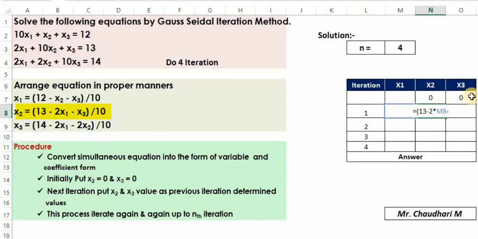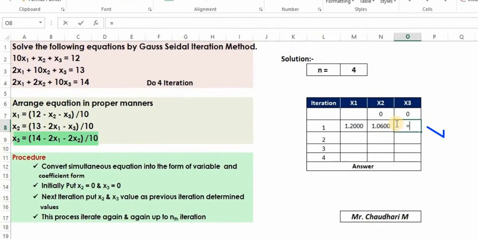Now minus x3, bracket complete, and divide by 10. And the last variable is equal to, in brackets, 14 minus 2 multiplied by x1, then minus 2 multiplied by x2.